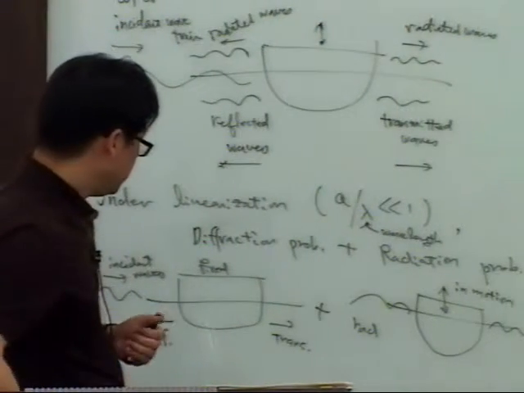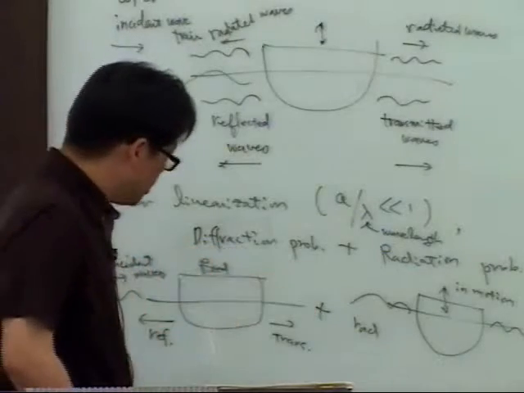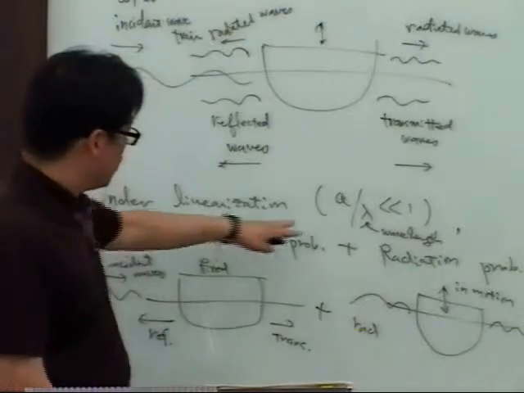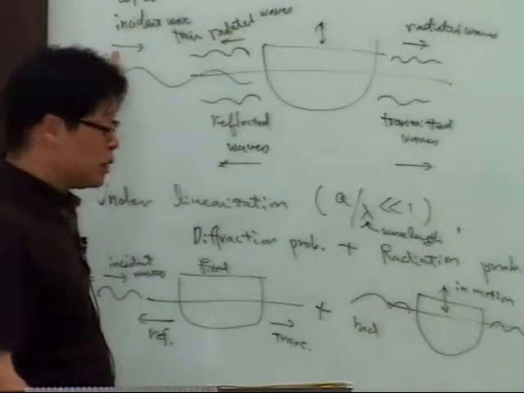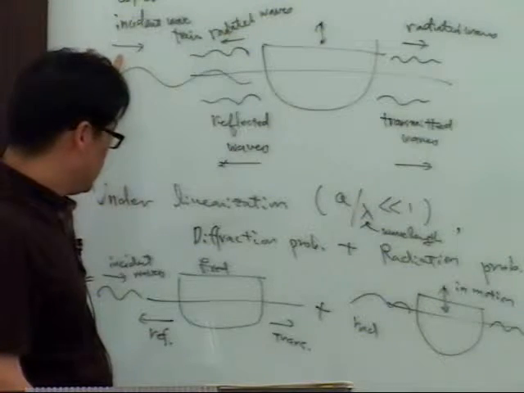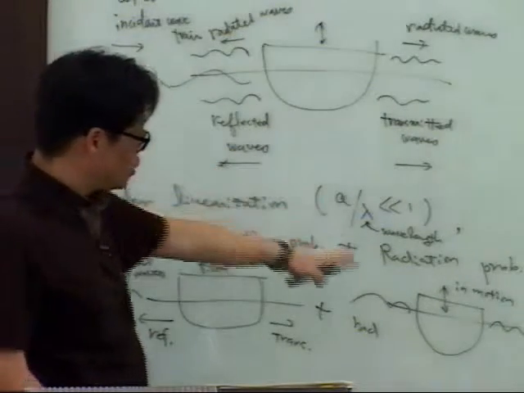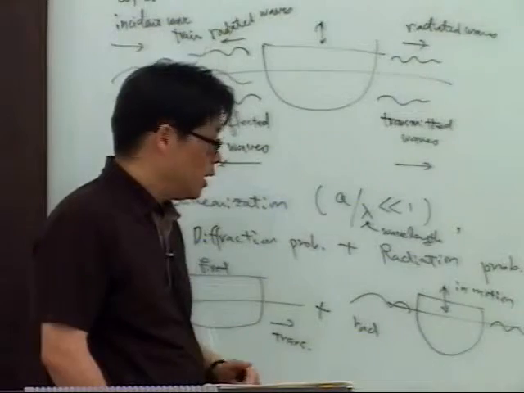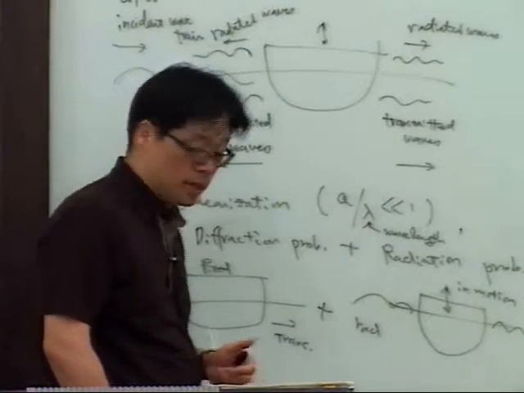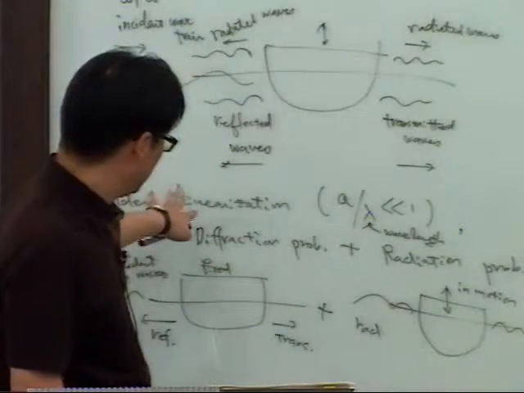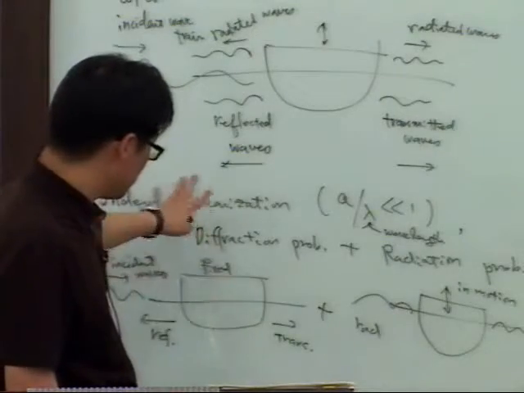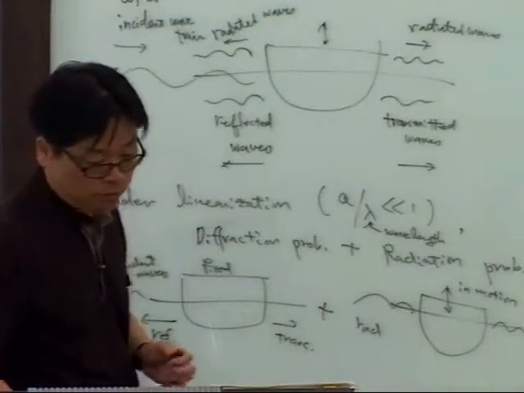You can do this decomposition because you assume the incident wave amplitude is much smaller than wavelength, and therefore the motion itself is small as well. So under that linear assumption, you can do this decomposition.